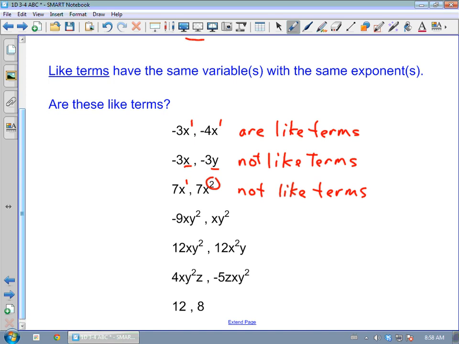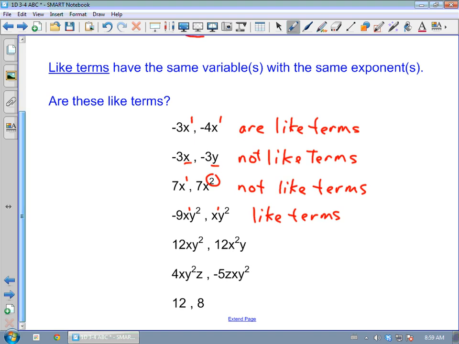Okay, 9xy squared and xy squared. What do we think? Like terms or not like terms? Now remember, these are terms because all of these things here are multiplied together, so they make one term. What do you think? Why are these like terms? Yep, we got variable x and y, so the variable parts are the same. We've got a 2 and a 2, and of course, a 1 and a 1 there. What about this next pair? 12xy squared, 12x squared y. Like terms or not like terms? What do you think?